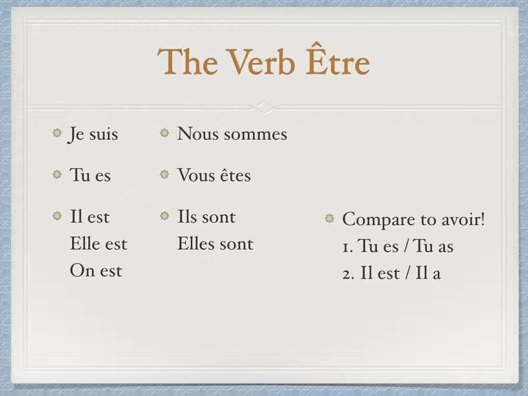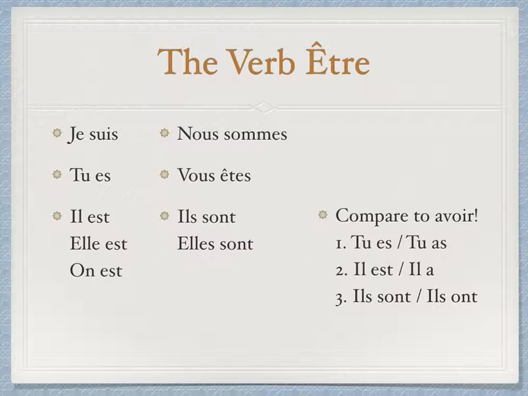The last one is arguably the hardest. It's the theys. Ils sont and ils ont. Ils sont, ils ont. The only difference is that S in front of the sont versus the ont.